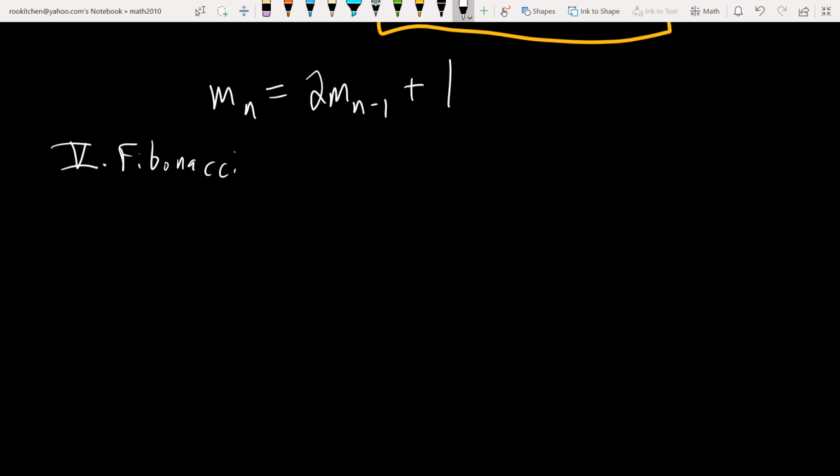Anyways, our sequence, we'll think of it in terms of rabbits. So you're going to begin with a single pair of rabbits who were just born. Then the single pair grows up.